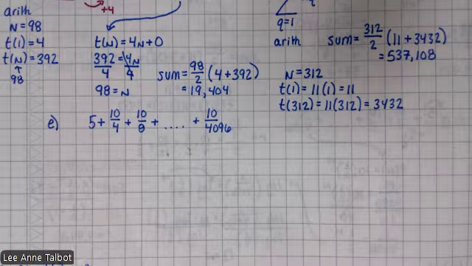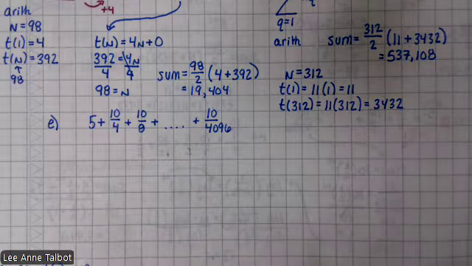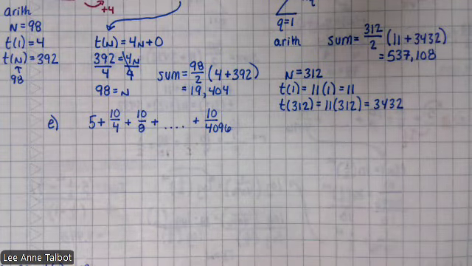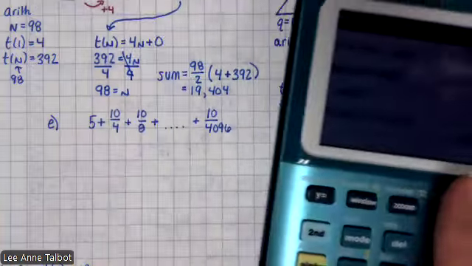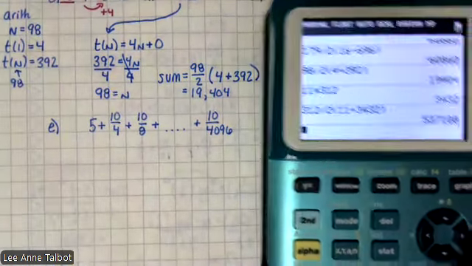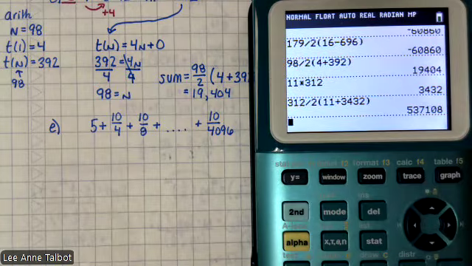Next question. E, arithmetic or geometric? Geometric. Okay. You're sitting there doing a problem like this, you're not sure, you can't tell.